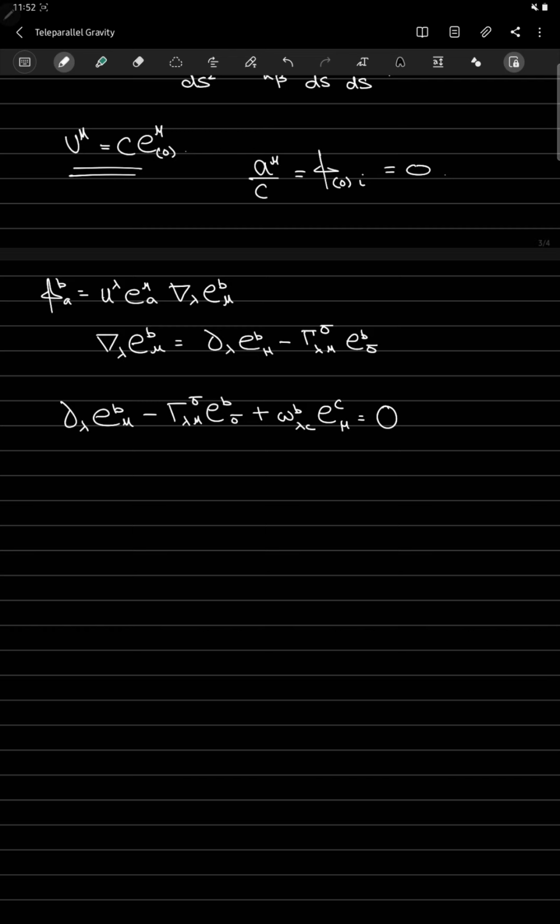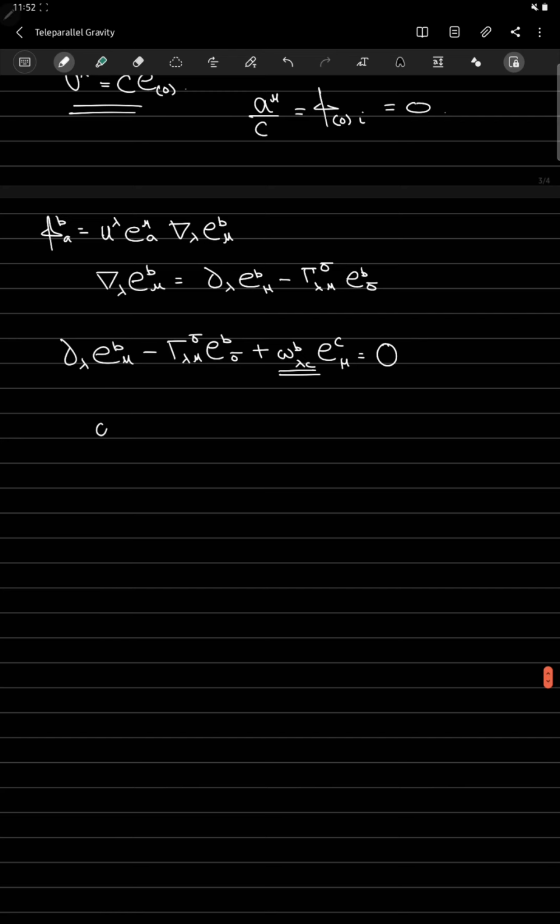So this is an identity, and here this omega b lambda c is the metric compatible torsion free Levi-Civita connection, and it is defined as omega mu a b is equal to minus 1 by 2 e c mu times, I'm going to write it down right now and I'll define it in the next step, this capital omega a b c minus omega b a c minus omega c a b, right?